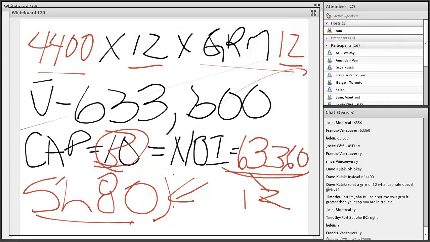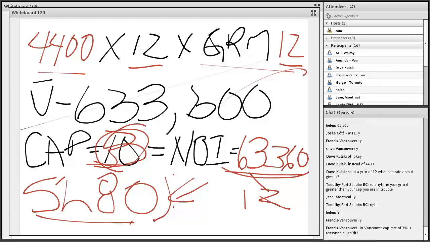I only need to make 3% of this 633,000. Now we're talking 9 grand. I bet a 12 would work at maybe a 5 cap rate. You have to run the numbers, but a 5 would work.